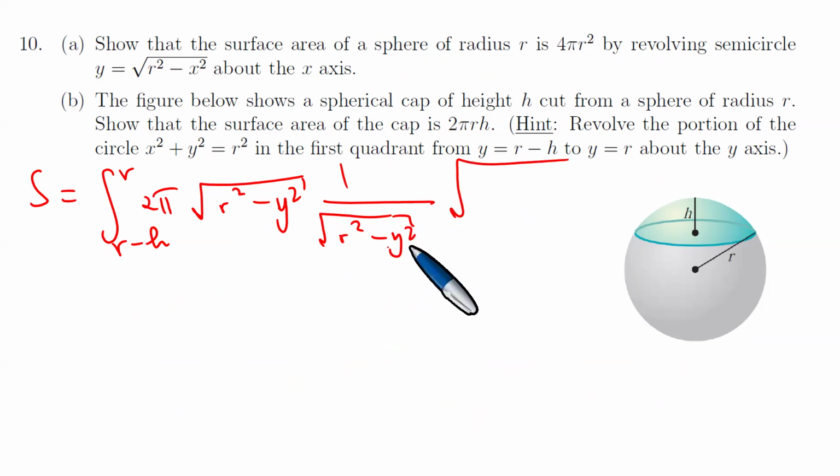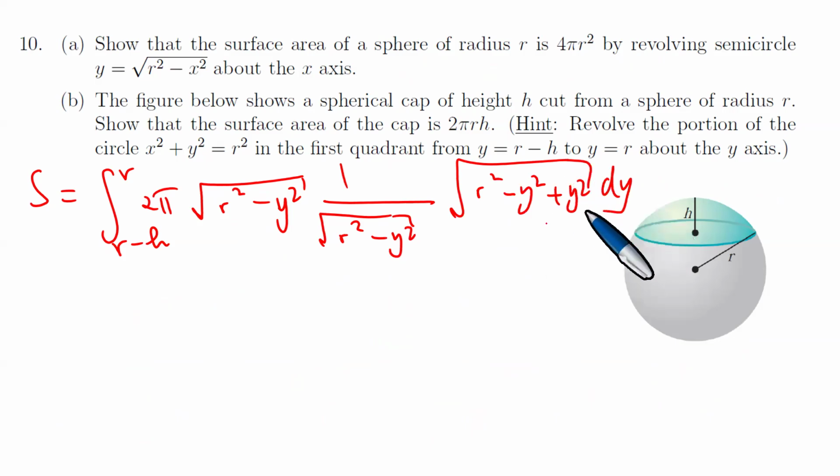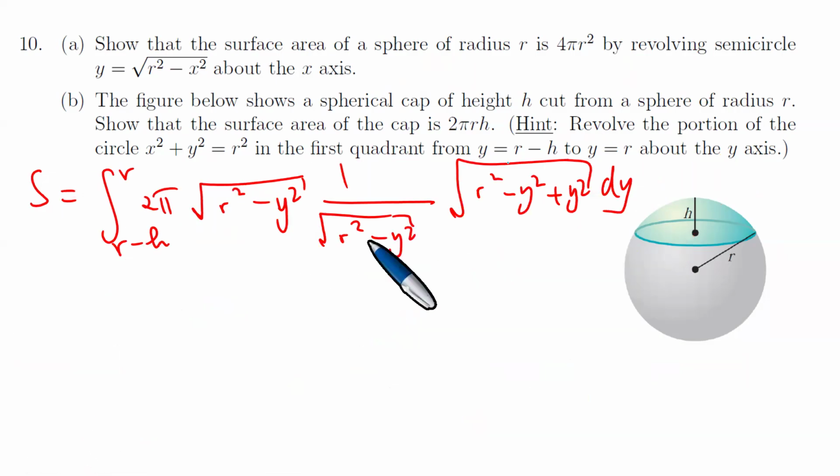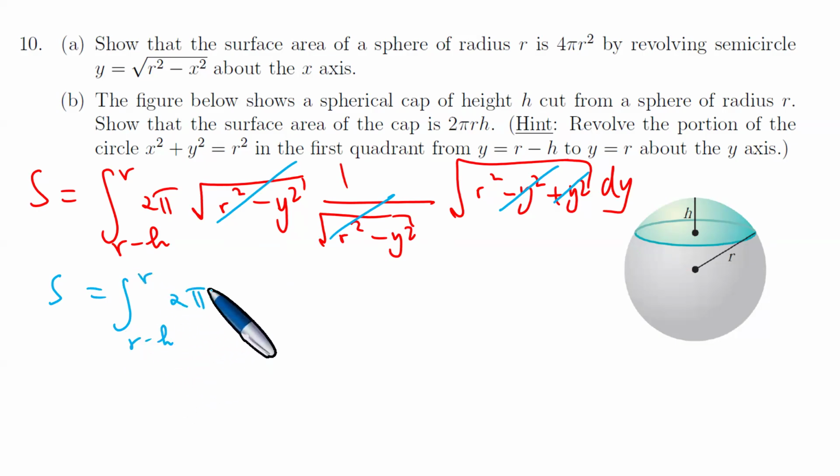Then the square root of r squared minus y squared is going to appear, plus y squared, and then dy. That is what you're getting, so this cancels.